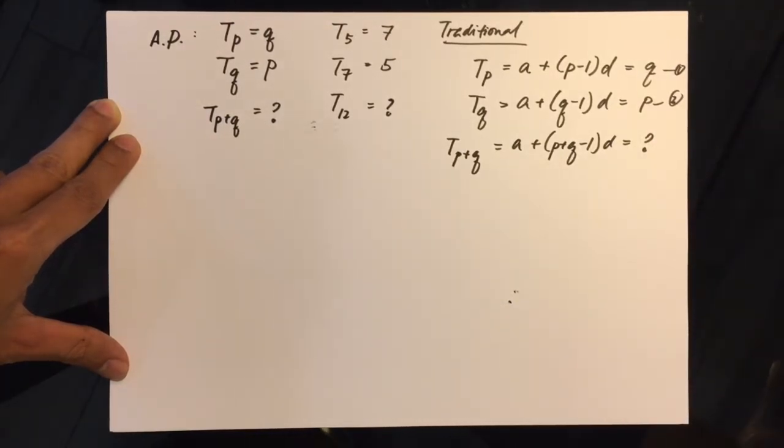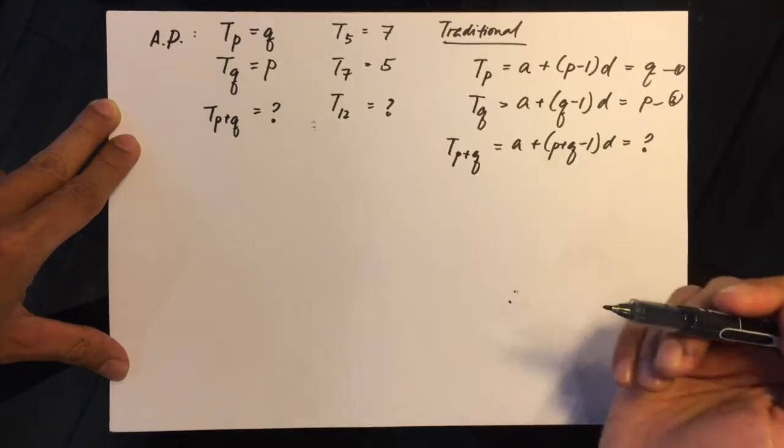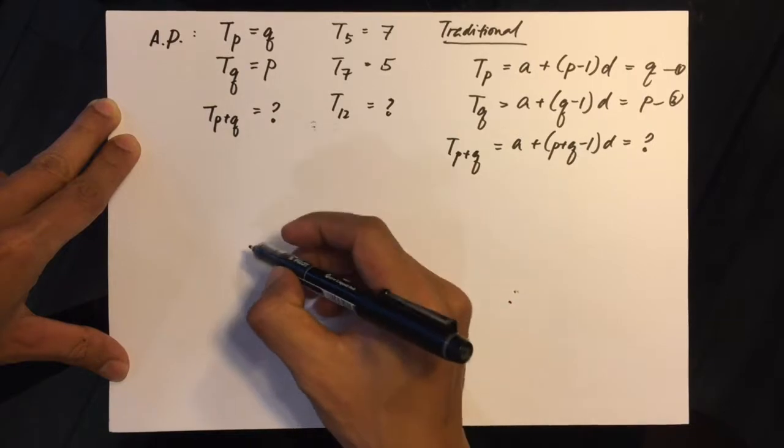So today, we're going to introduce you to a different way of looking at arithmetic progressions, which is to think of them as coordinates on a Cartesian plane, right? So this is what I mean.